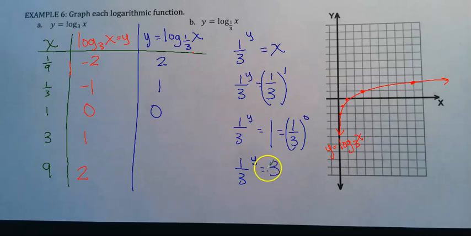Okay, for the next one, (1/3)^y equals 3. Okay, so we need to get this as an exponent of 3, or as 1/3. Let me think about this.